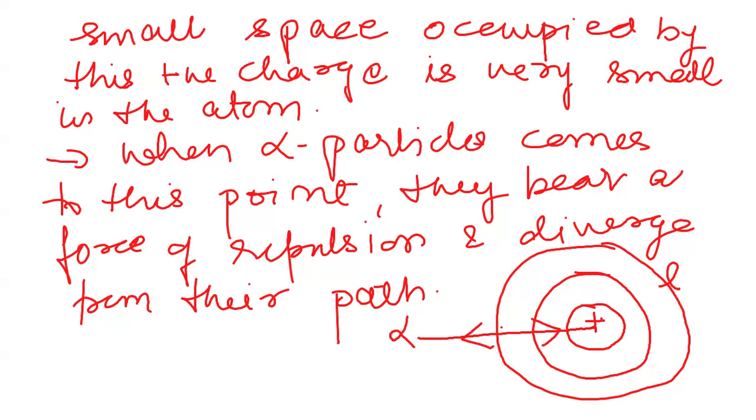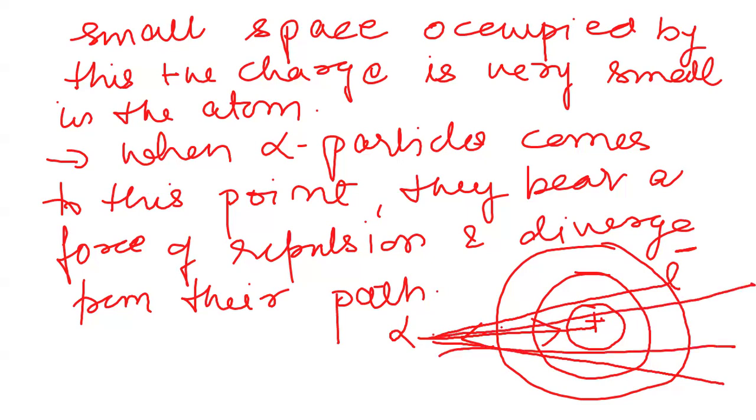But when the alpha particle is moving apart from the nucleus, either it will strike a negative charge or there will be nothing. If there is nothing, it will move straight. If there is a bit of electron, then slight repulsion because of obstruction in its path. Are you getting it? Yes, getting. Therefore, the whole positive charge is concentrated.